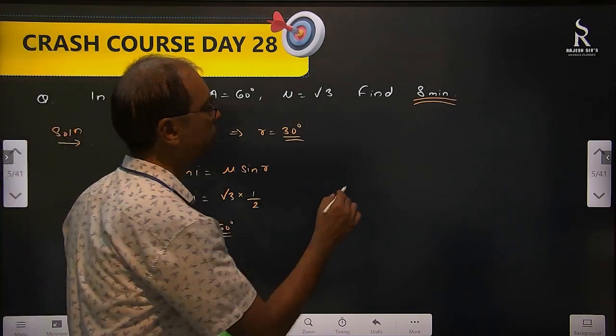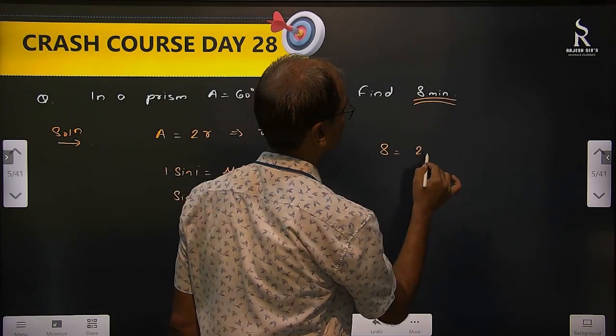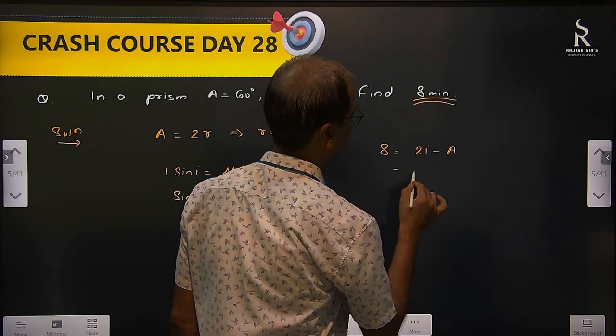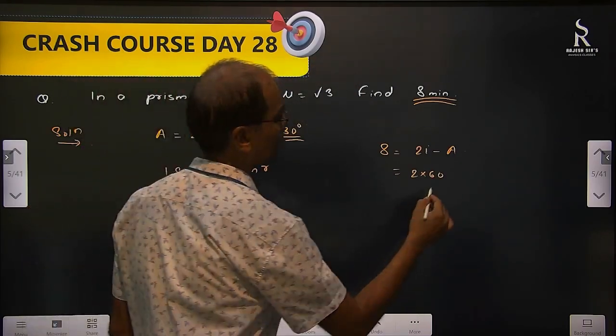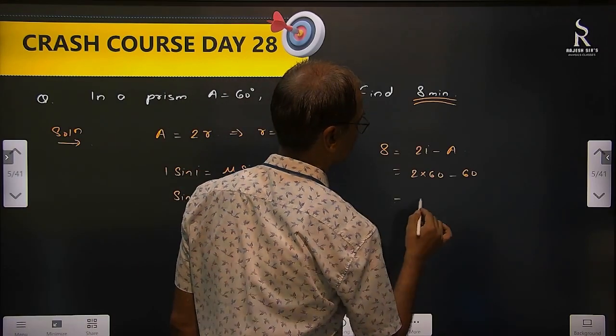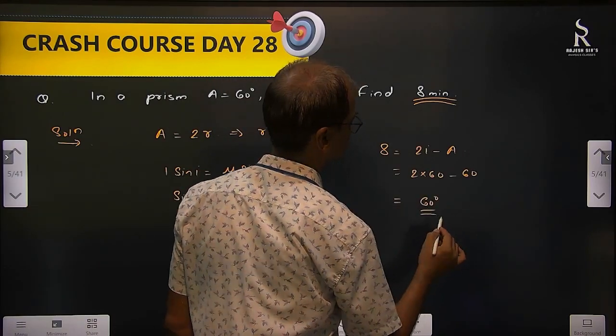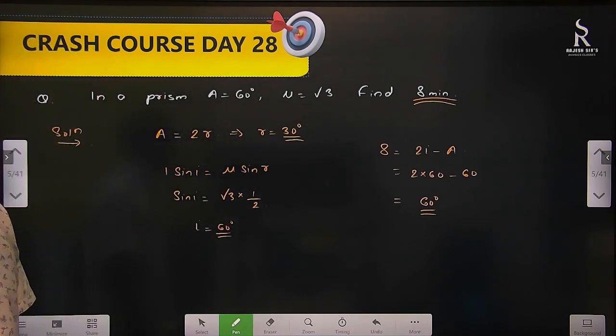Now delta value is what? 2i minus A. So 2 into 60 minus 60. Answer is 60. Very simple. So delta value is also coming 60 degrees over here.